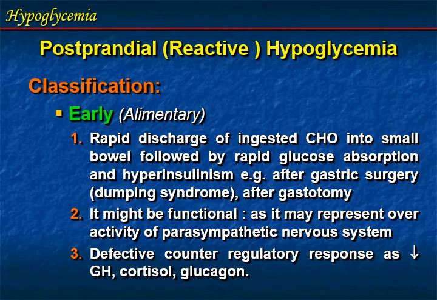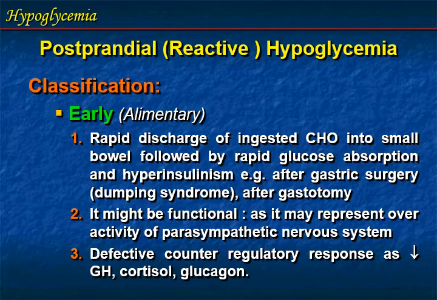The food will pass directly from the esophagus to the duodenum to the portal circulation, and when it reaches the portal circulation, it goes directly to the pancreas and stimulates insulin secretion before this food reaches the general circulation.